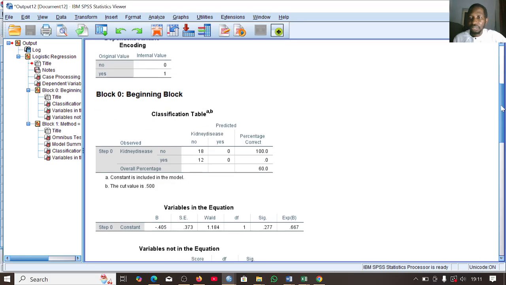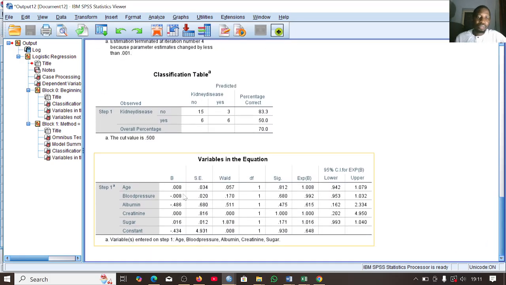Let's go and see the output. This is the table. These are the coefficients and this is the constant. Let me explain the age. It has a coefficient of 0.08 and an odds ratio of 1.008.